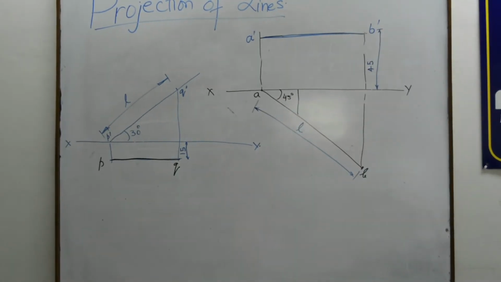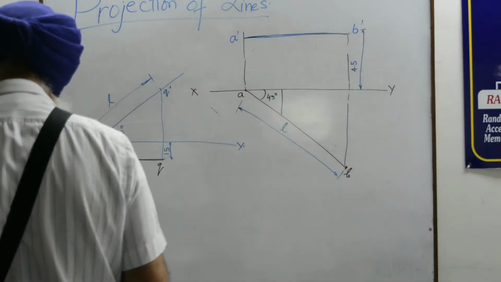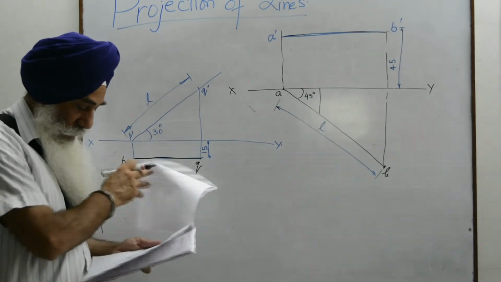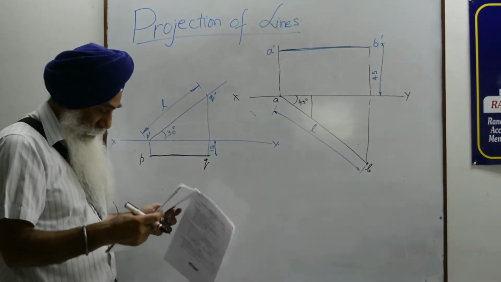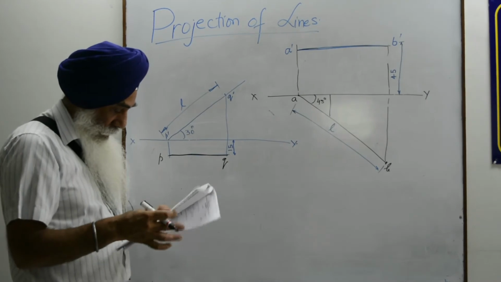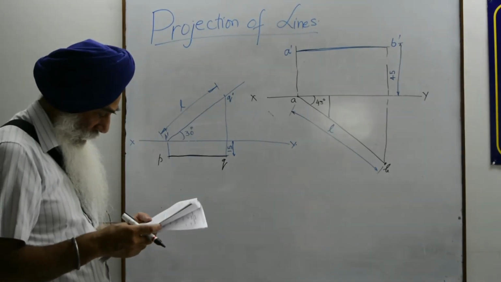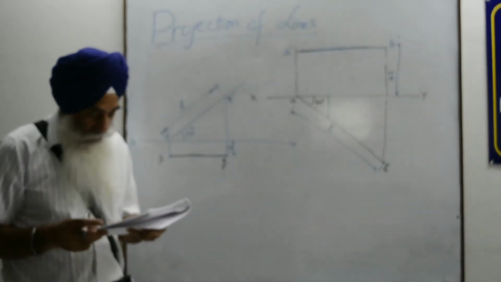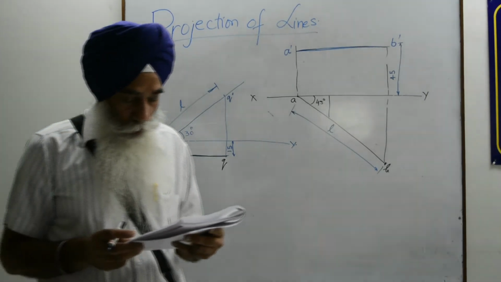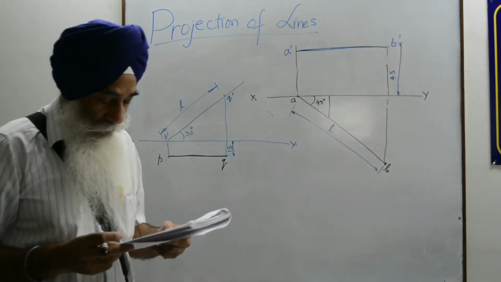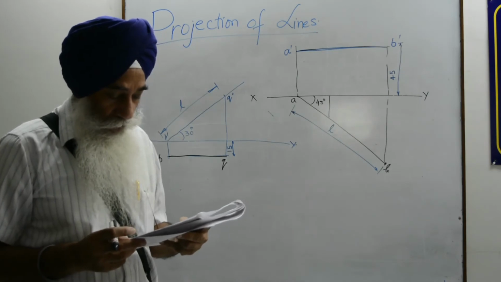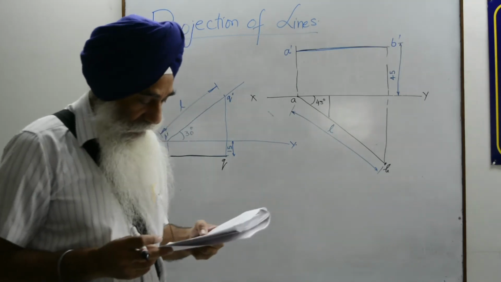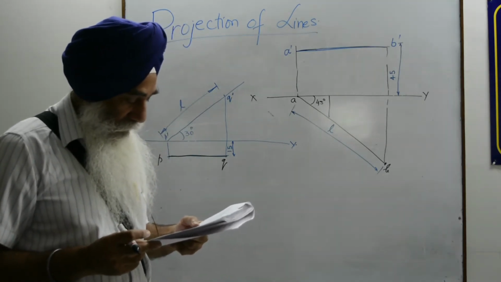There is one problem. This is one of the cases that can be solved. Draw the elevation of a line 40 millimeters long, which is parallel to the horizontal plane, 25 millimeters above it, and inclined at 30 degrees to the vertical plane.